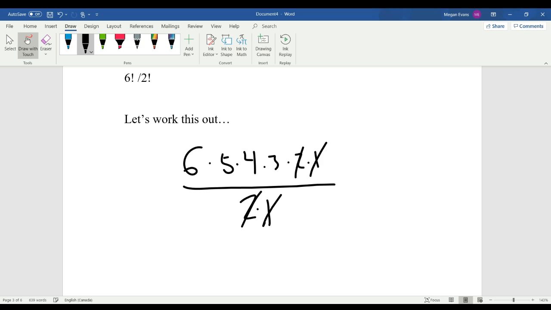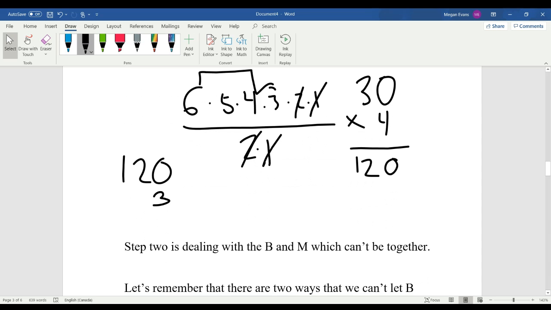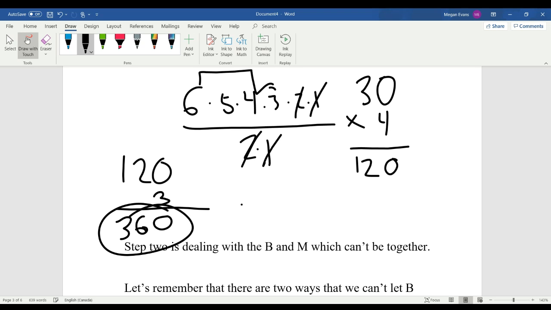These cancel each other out, and we have this left right here. 6 times 5 is 30. 30 times 4: 4 times 0 is 0 and 4 times 3 is 12. So that's 120, and we still have to account for the 3. 3 times 0 is 0, 3 times 2 is 6, and 3 times 1 is 3. So there are 360 ways that the A's can be together in our word.